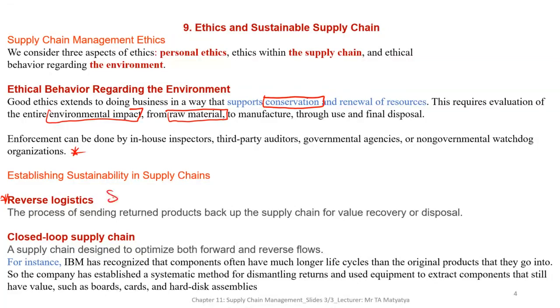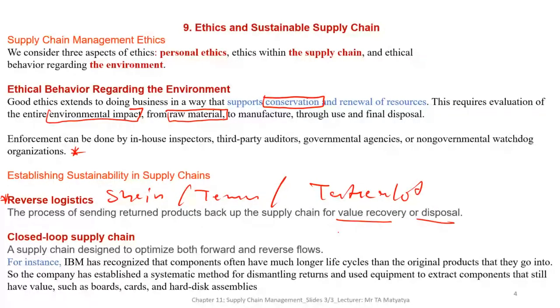You know, we have your Shein, your Temu, Takealot, and so on. Their reverse logistics is very critical. How do you return the product for disposal or for value recovery?